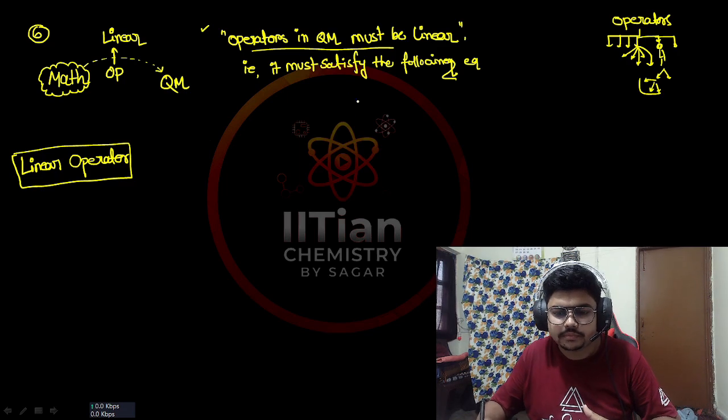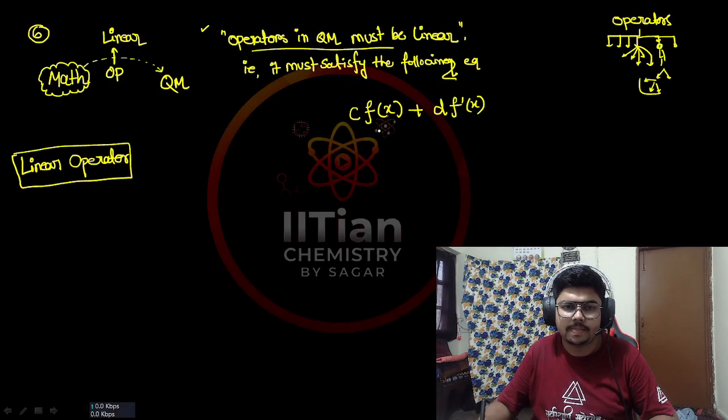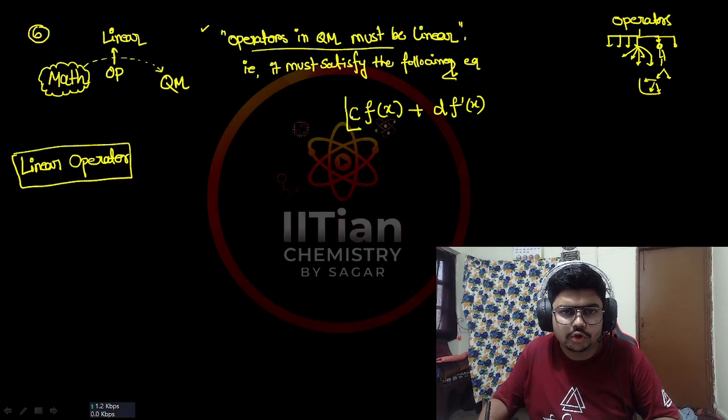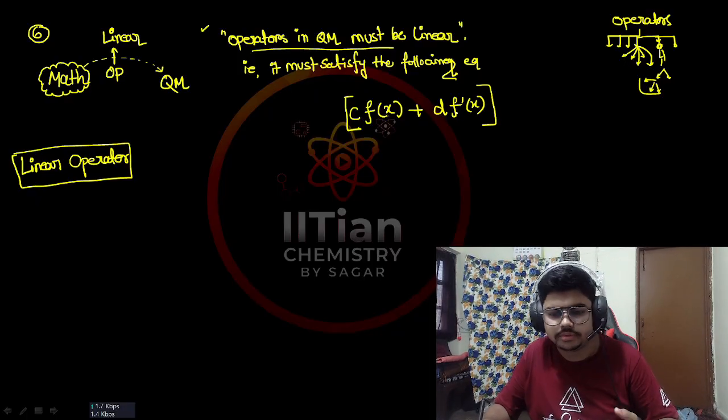Suppose I have one constant c into f of x, a function, plus d, a constant, into another function f dash x. Overall it is a function, since the summation of two functions is also a function.